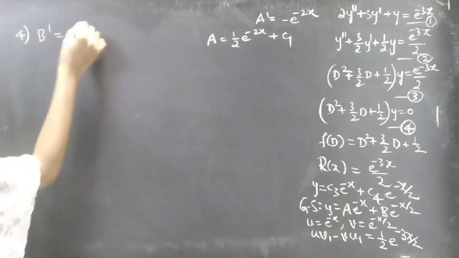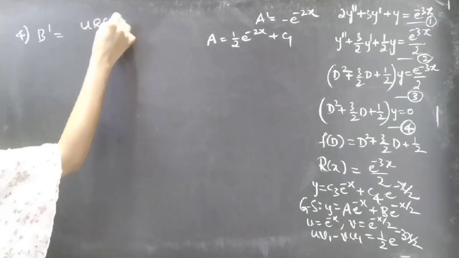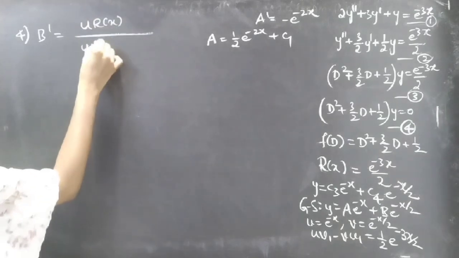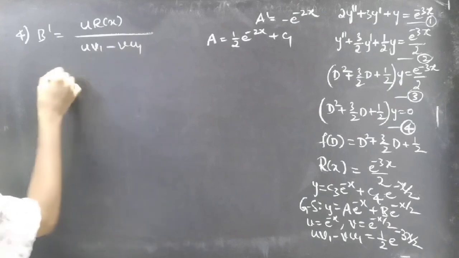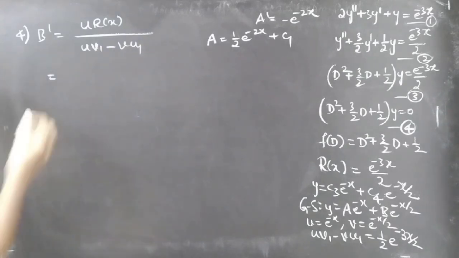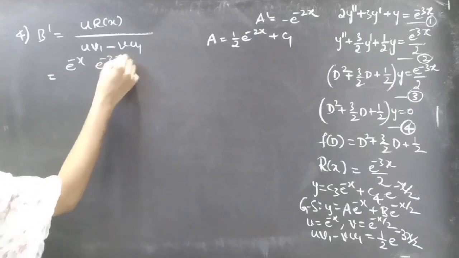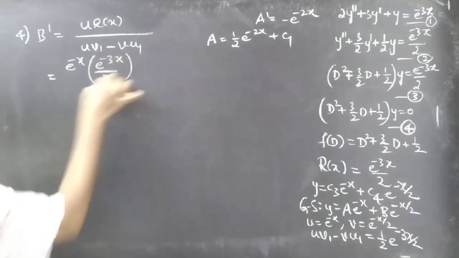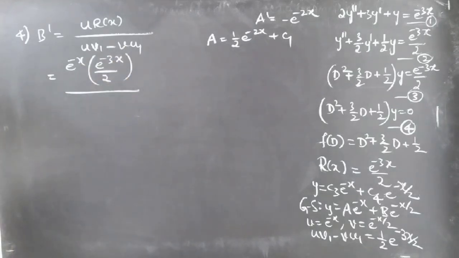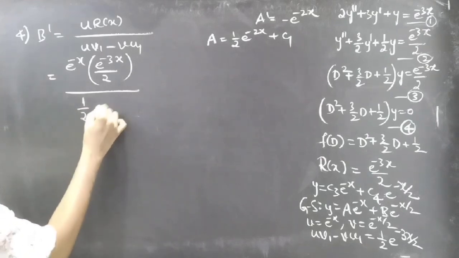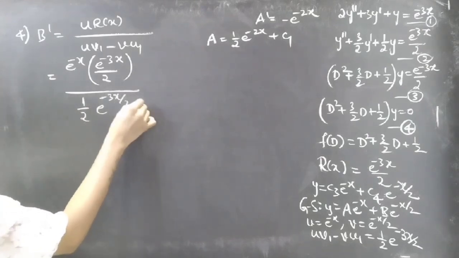B dash is given by U into R of x by UV1 minus V1, which is equals to U, e power minus x, into R of x, e power minus 3x by 2, by UV1 minus V1, 1 by 2 into e power minus 3x by 2.